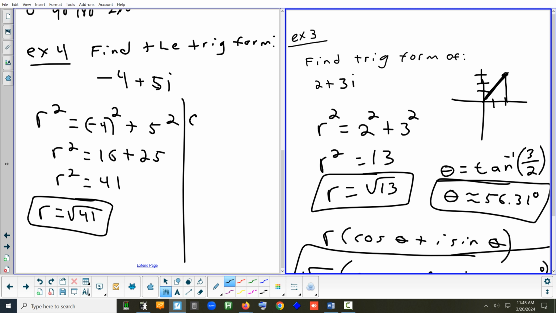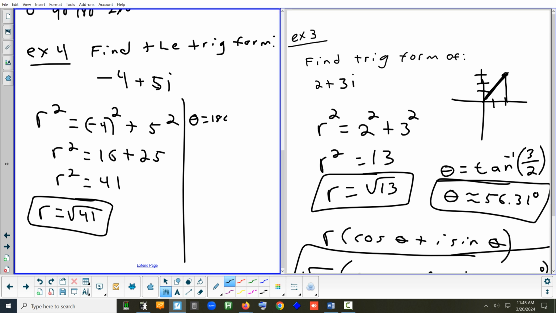Let's write that down. 180 plus inverse tangent. What's y in this case? 5. And what's x? Negative 4. Use the negative.